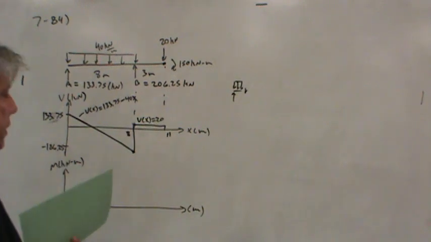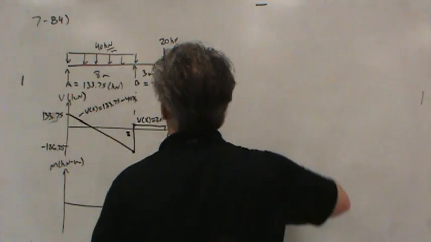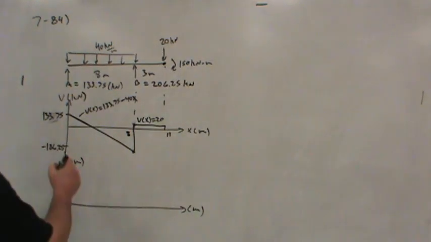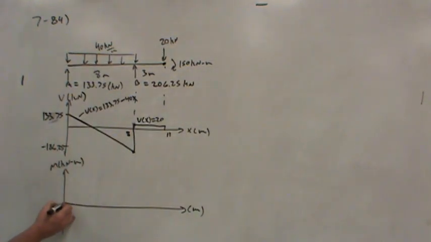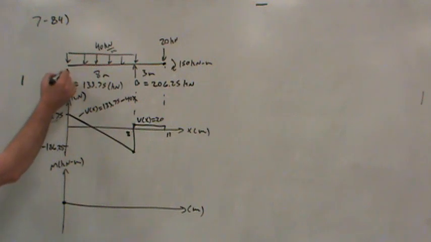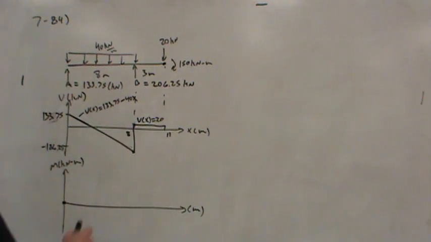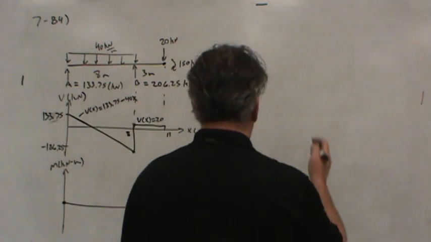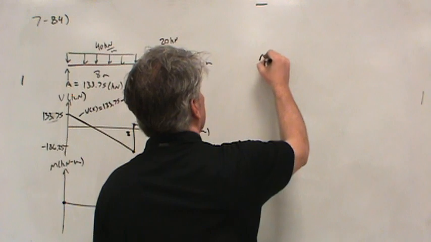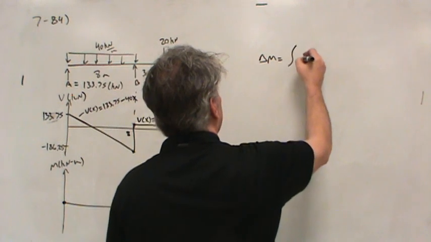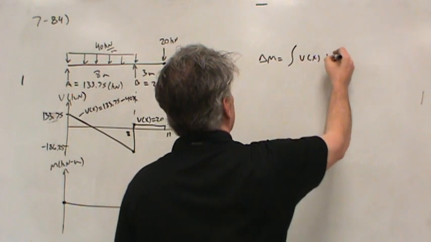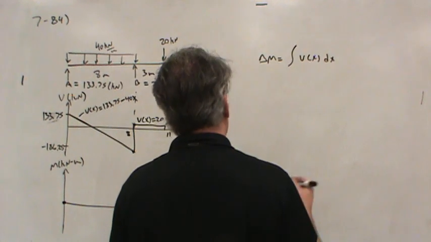And so the next thing to do is to begin our moment equation or our moment graph at 0, because there's no moment at the end, and integrate the shear equation along the length of the beam. So if we were to calculate the change in moment by integrating the shear equation over the length of the beam, let's start off.